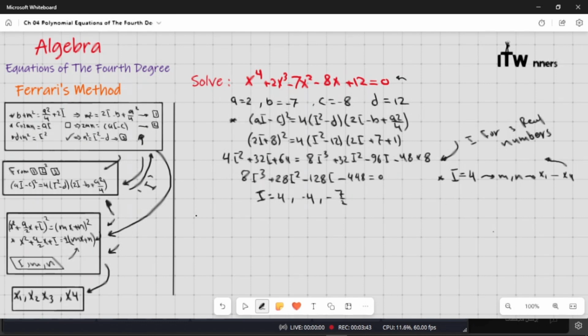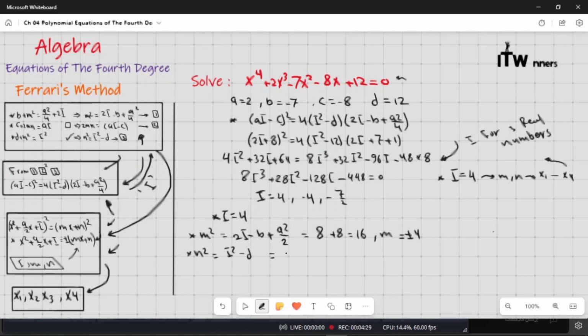Okay, so we just start here, take I equal to 4, so here m squared equal to 2I minus b plus a squared over 2, so we have here 8 plus 8 equal to 16, m here equal to plus or minus 4, here n squared equal to I squared minus d.